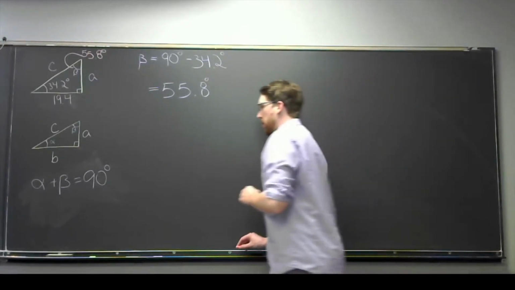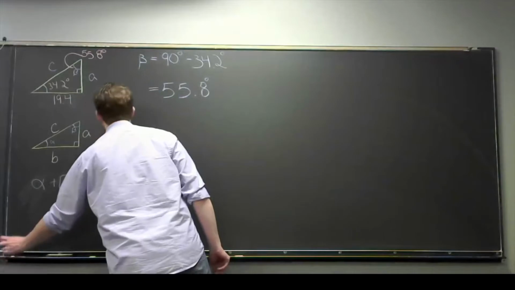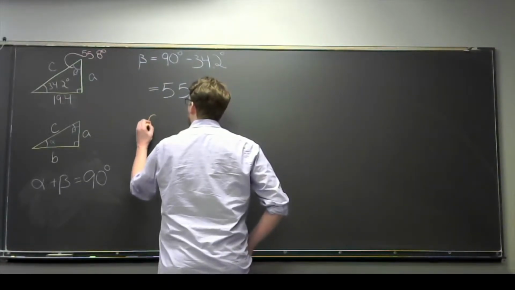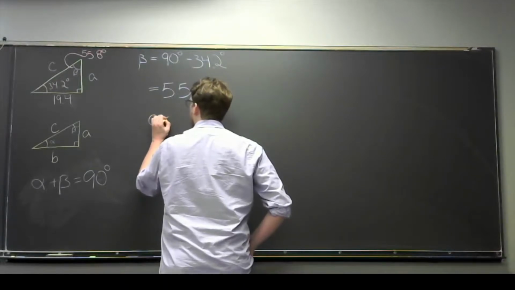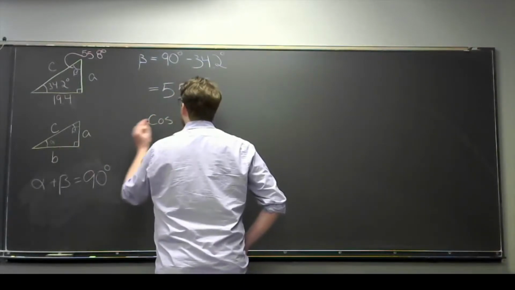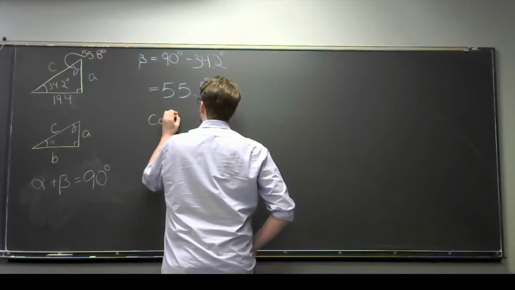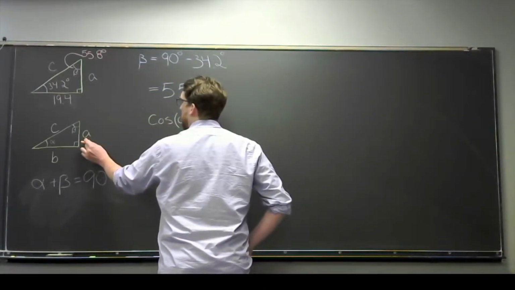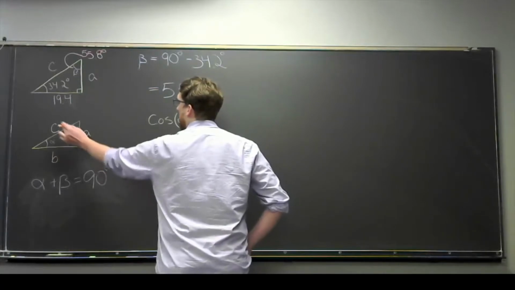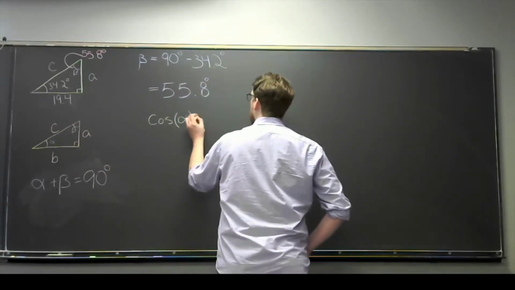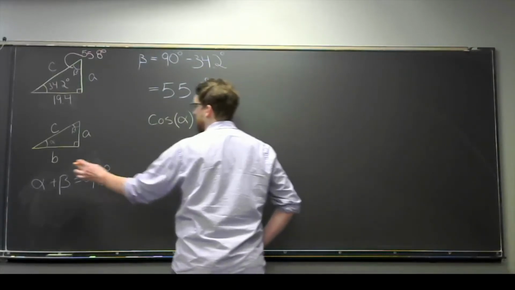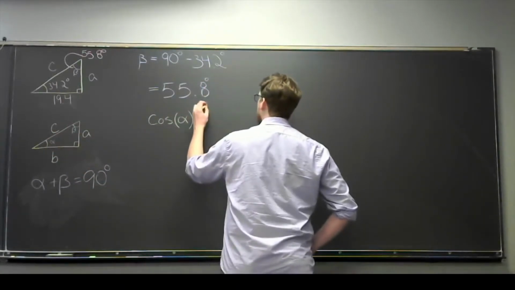We also know that cosine of alpha is going to be equal to A over C. My mistake, I meant to say B over C. Sorry about that, guys.